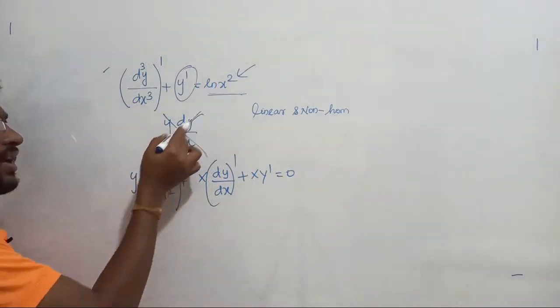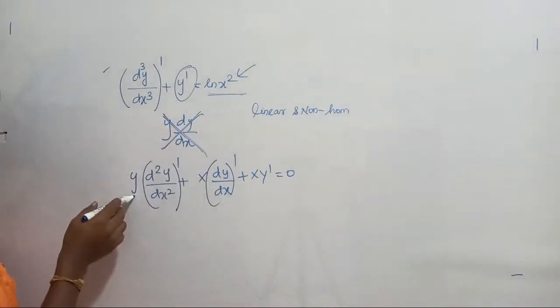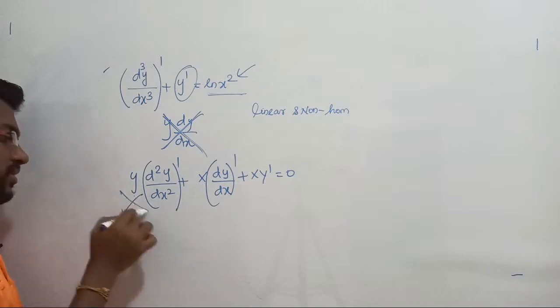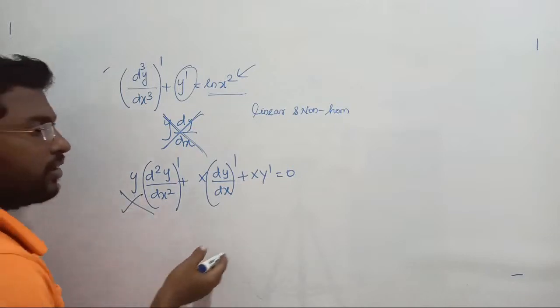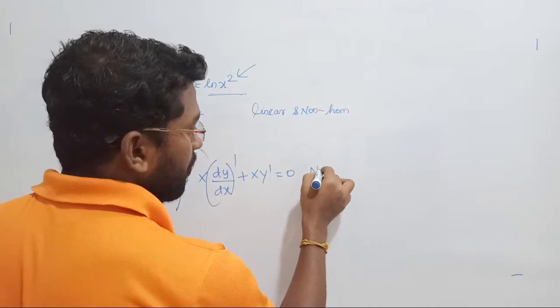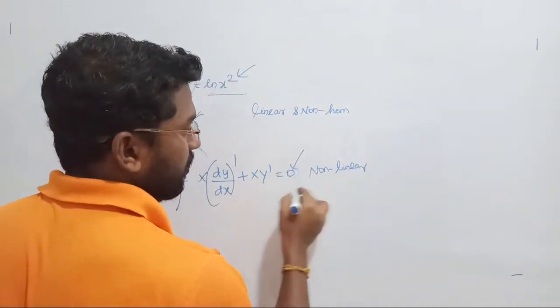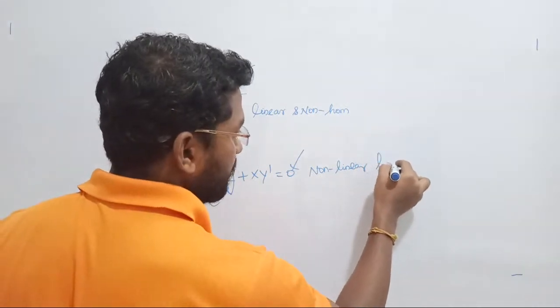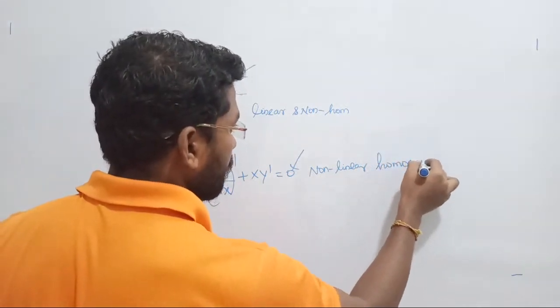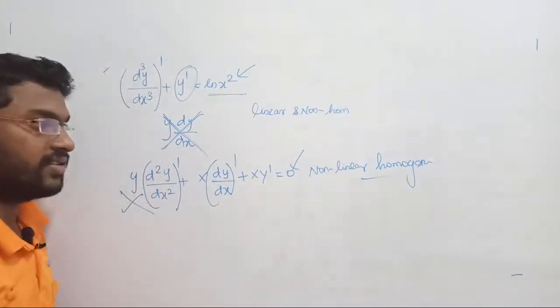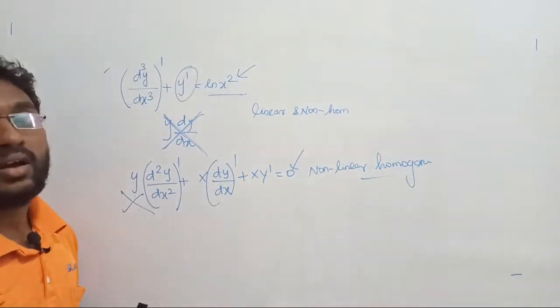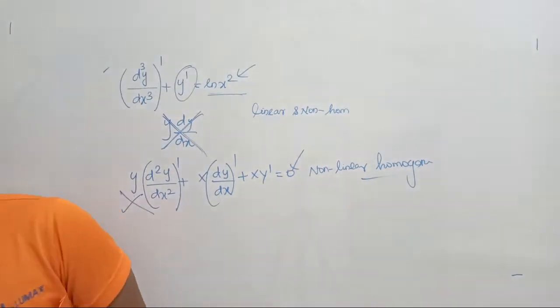Second condition: a cross product cannot be allowed, but it is there, since y is multiplied. So this is not linear. It is non-linear but homogeneous. Why? Because on the right side we don't have any signal. So that is a non-linear homogeneous equation. Clear? That is how we differentiate linear and non-linear equations.